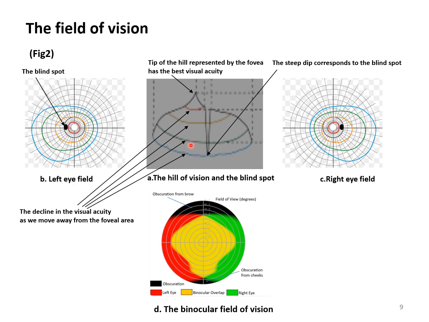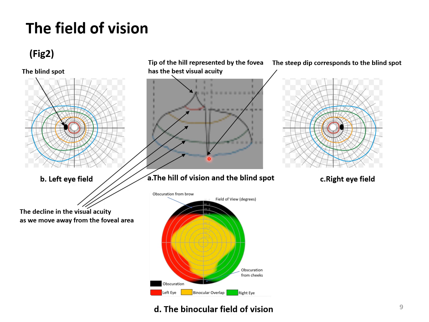This figure shows the hill of the vision. The apex is the best visual acuity, which is represented by the fovea, and as we move away from the fovea, there is a gradual decline in the visual acuity. On the temporal side, there is a gradual decline and there is a sudden dip to a non-seeing area.